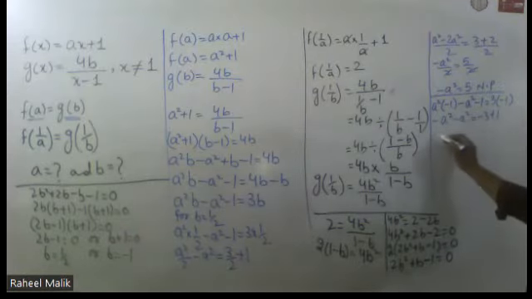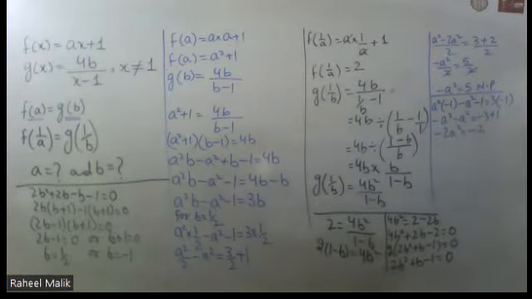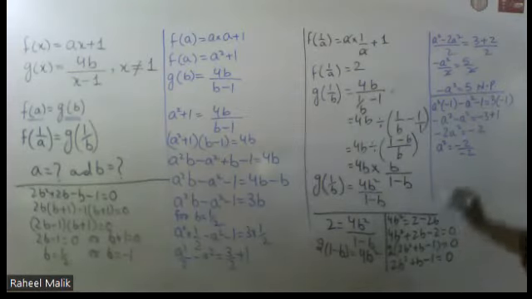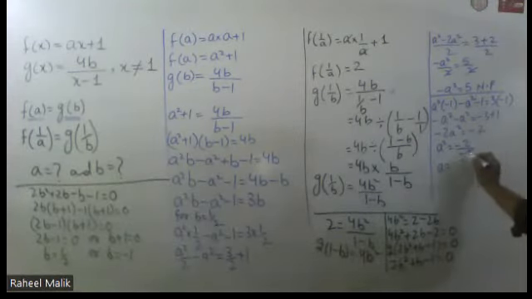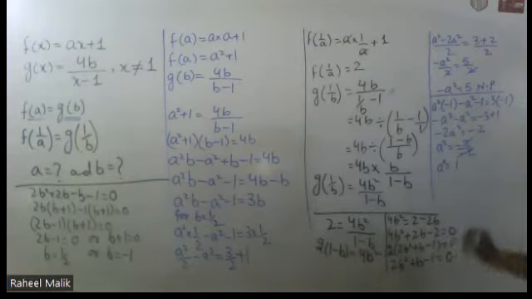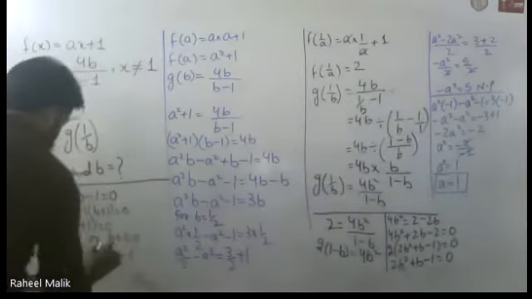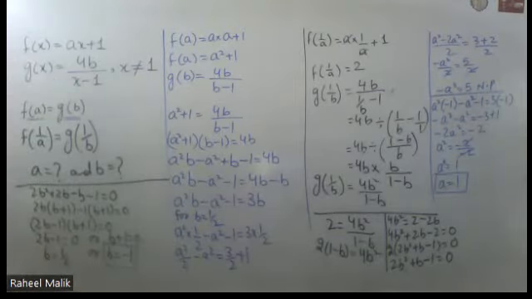Minus a square will become minus 2a square equals minus 2. Minus 2 being multiplied, when I shift it over here, this will become a square equals minus 2 divided by minus 2. Minus 2 cancels, 1 will be left. When I take the root, a will be coming 1. So the result is a equals 1 when b equals minus 1.